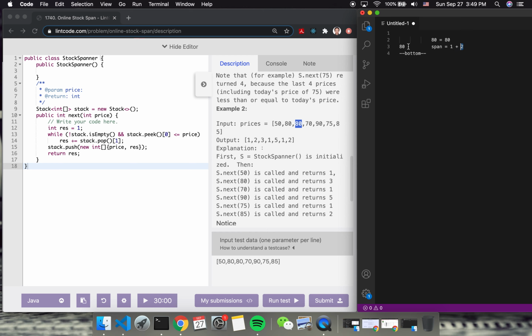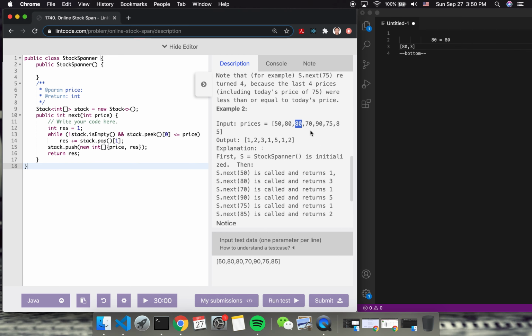Here 2 is the span of the day on the top of the stack. So actually we need to store two elements: the price and also the span of that count. After we get that, we pop this element out of the stack and then push our current day, the price and the span.